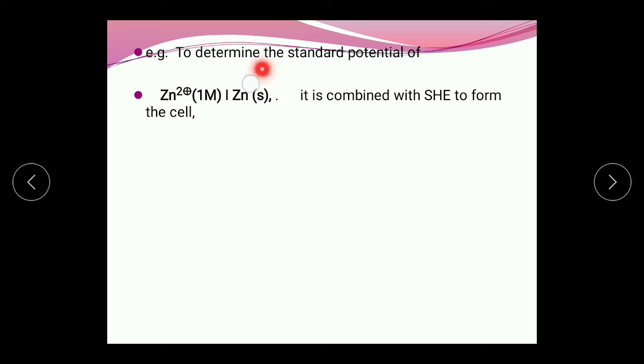Suppose we combine this electrode with SHE to form the cell. Like this, Zn plus 2 is written on the left side, that means it is the anode. Zn is converting to Zn plus 2 by giving 2 electrons, so oxidation takes place here. The hydrogen electrode is written on the right side, that means it is the cathode.